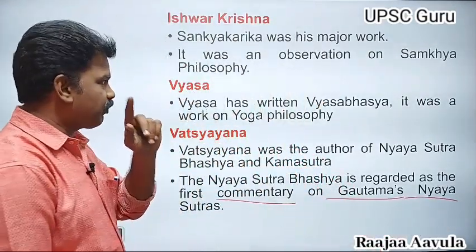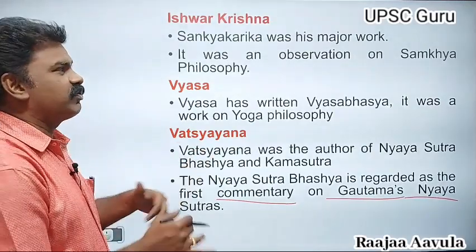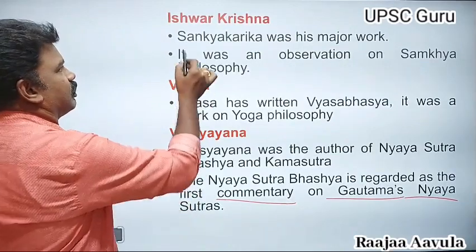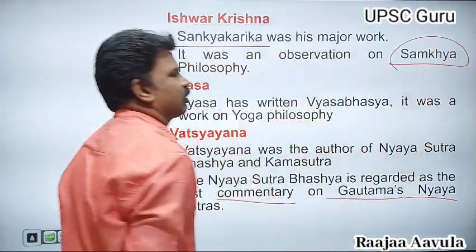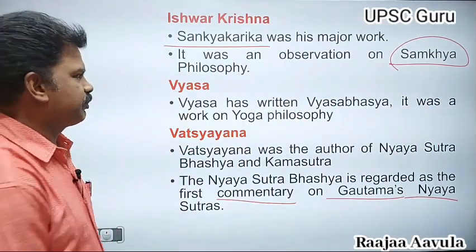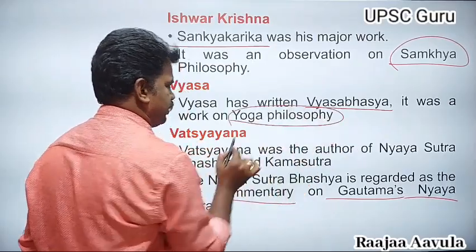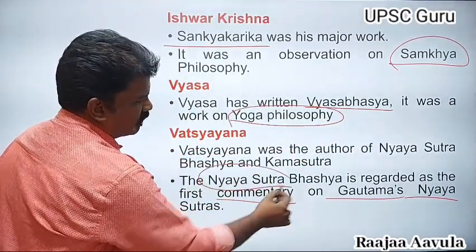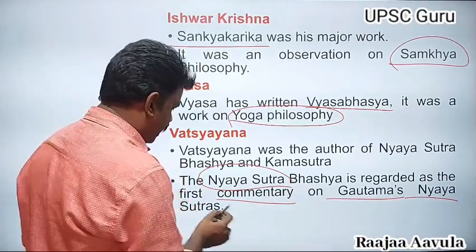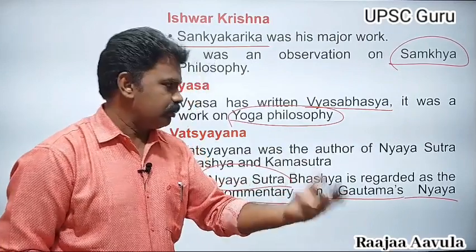Here you can find some commentaries on philosophical works. Sankhya Karika was a commentary on Sankhya philosophy. Vyasa Bhashya was a commentary on yoga philosophy. Vatsyayana's Nyaya Sutra Bhashya was a commentary on the Nyaya Sutras. Gautama produced the Nyaya.